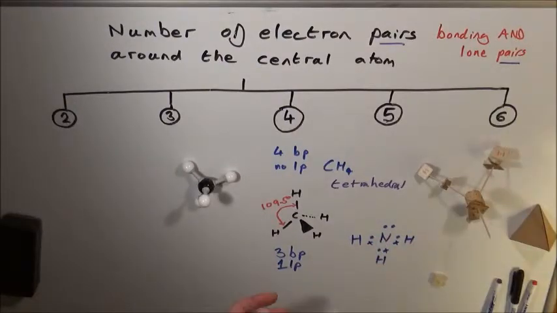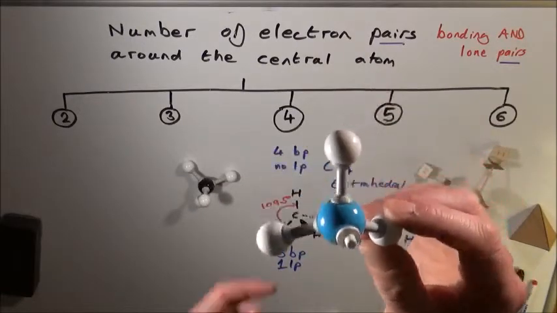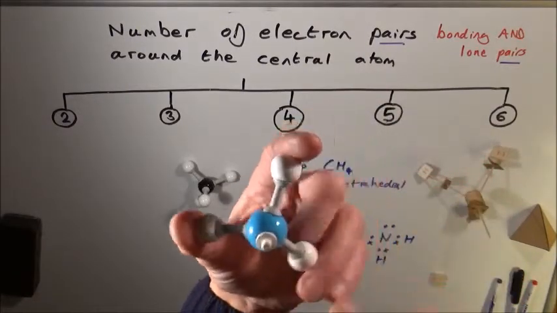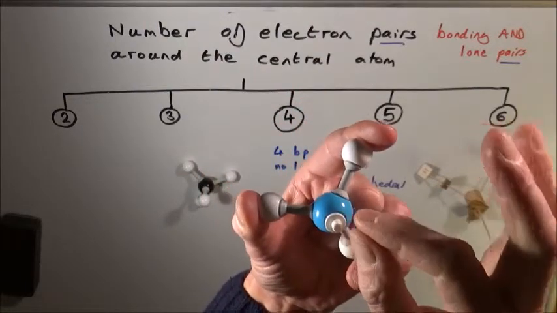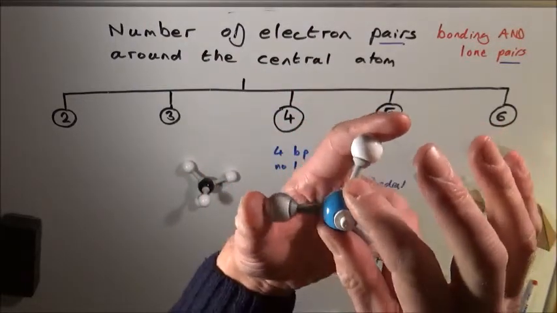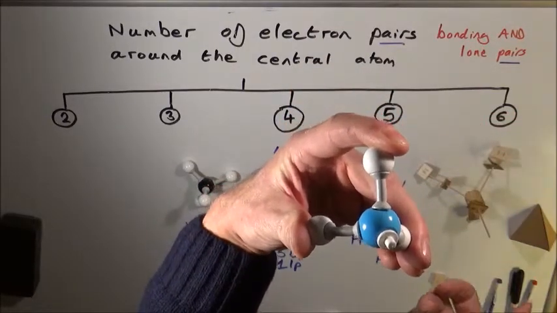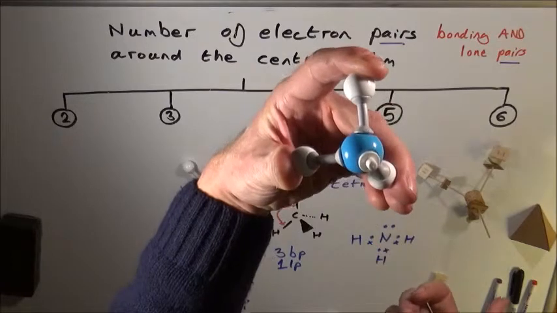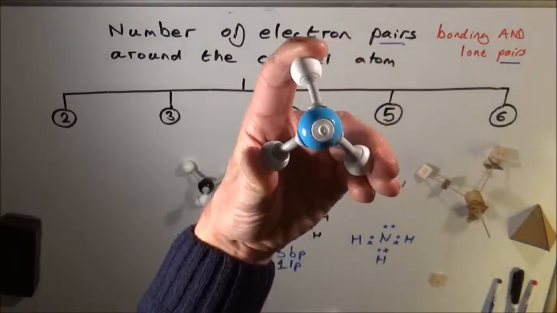So here is another model of this. The blue atom, of course, is the nitrogen. We've got the 3 bonding pairs, the grey sticks, and the lone pair sitting on the top. Because the lone pair's directly on the nitrogen, it's pushing these down, contracting that angle from 109.5 that you would have in a tetrahedral shape to 107 degrees here.